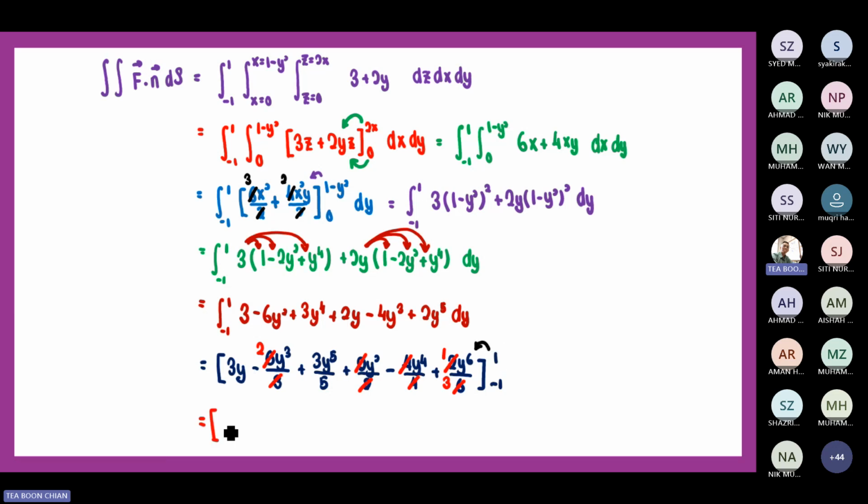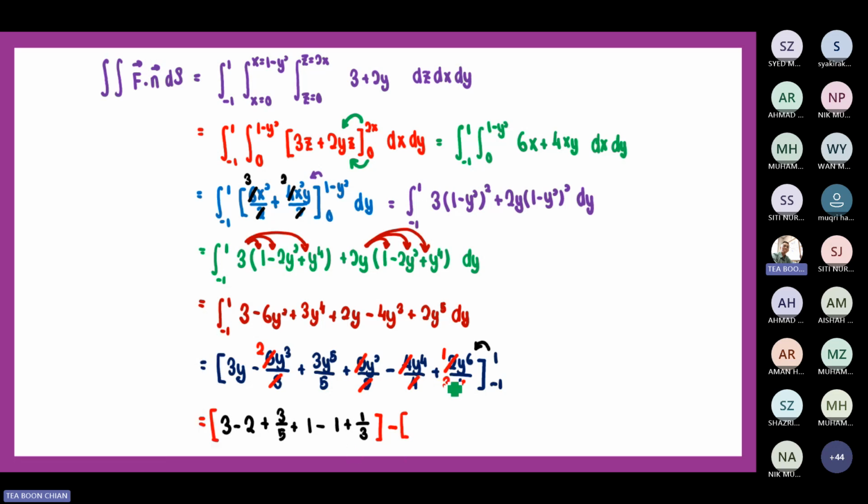So 3 multiply 1 gives you 3, minus 2 multiply 1 cube, still 2, plus 3 over 5 multiplied by 1 power 5, 3 over 5, plus 1 squared, minus 1 power 4, plus 1 over 3, 1 power 6. So this is the substitution using upper limit, minus substitution using lower limit.